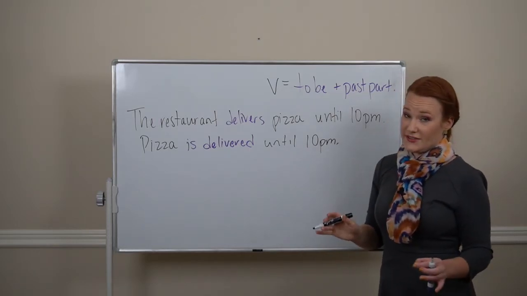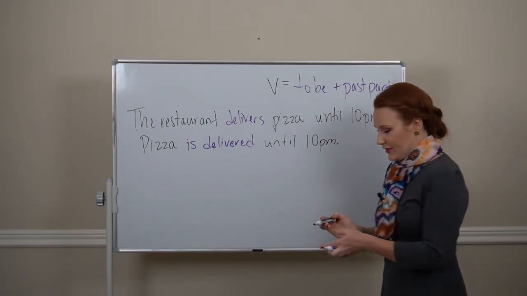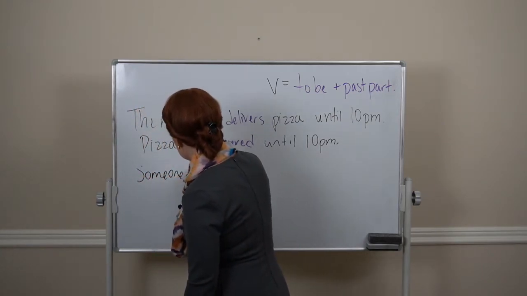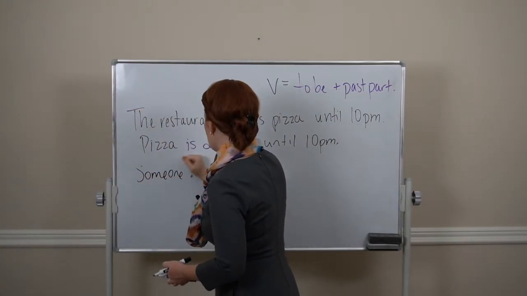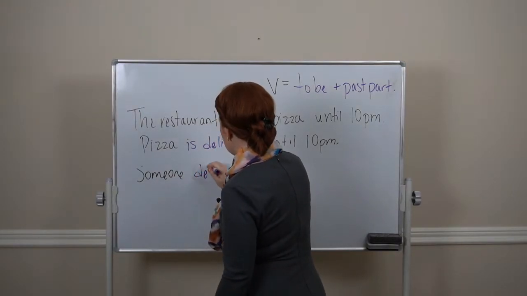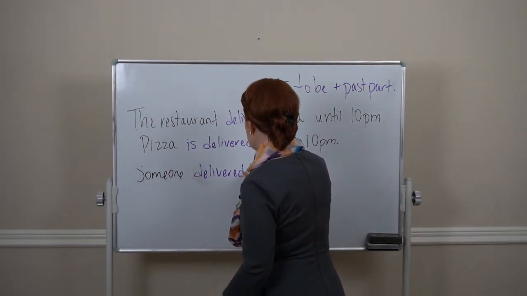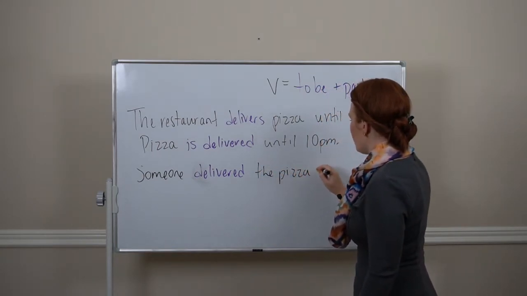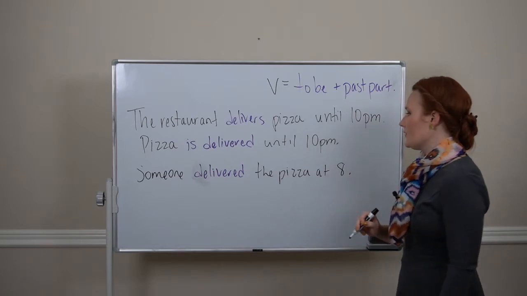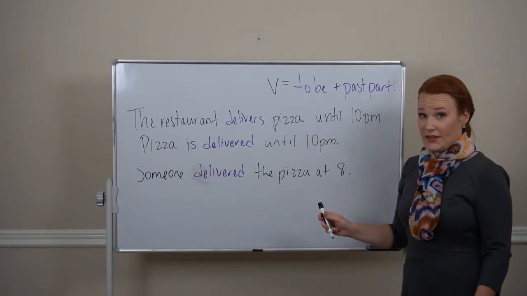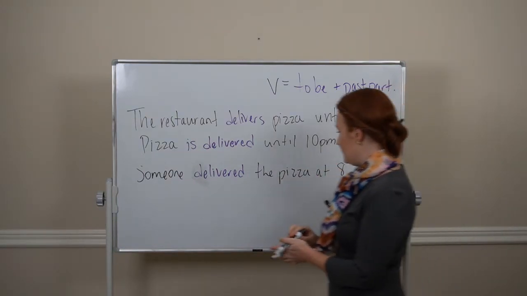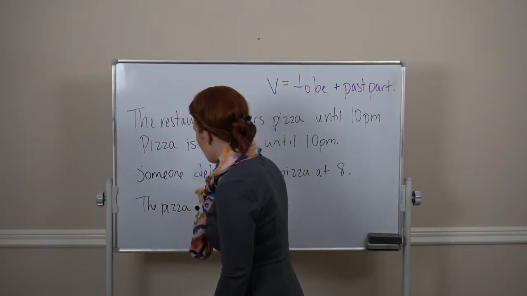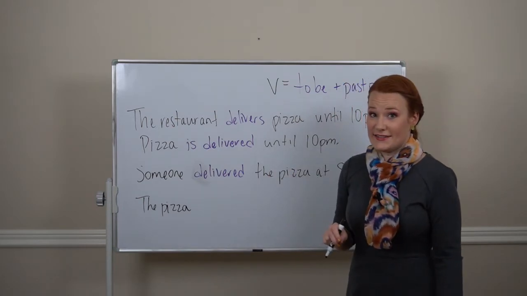All right, pretty good so far. Past simple. Someone delivered the pizza at 8. So again, pizza is going to be our new subject. All right, now we're in past simple.